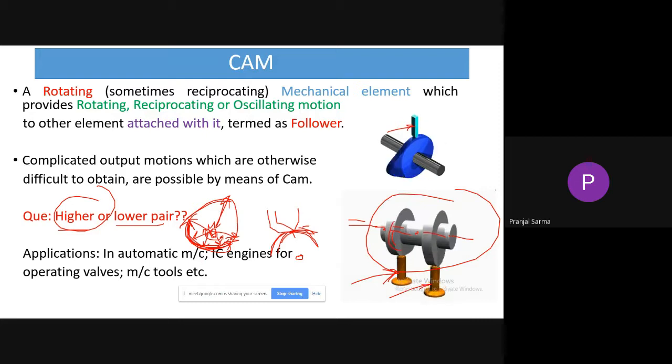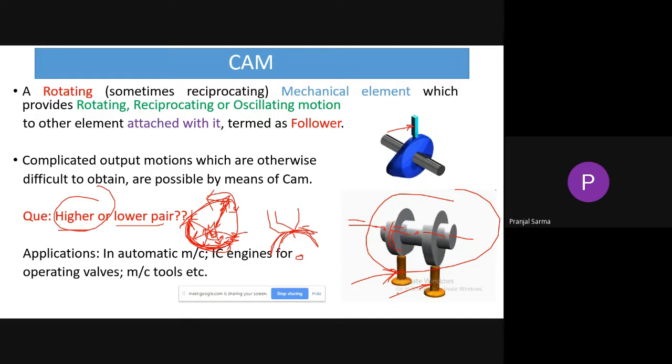But after that, from this to this, this portion is more evident, a sharp decrease. During that portion you can see the follower gets motion, and after that, for the other duration of time, it remains closed. So you can think of the opening and closing of the valve in an IC engine also.